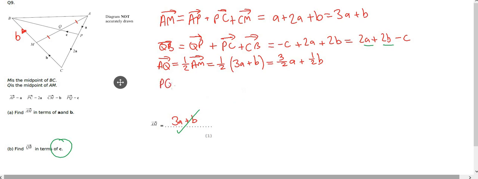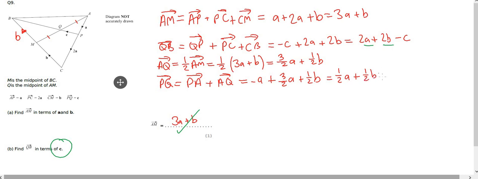So now PQ is equal to P to A, which we know, and A to Q, which we just worked out. So P to A is minus a, and A to Q, which we've written above, is 1.5a plus a half b. Okay, let's simplify it. So I've got 1.5a, I'll take away an a, so I'm left with half an a, and I'm left with half a b.